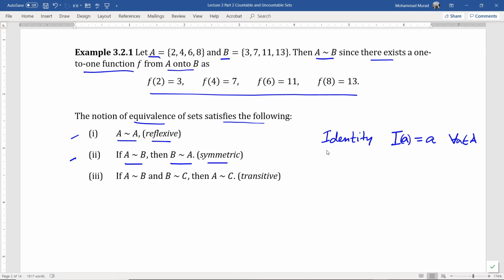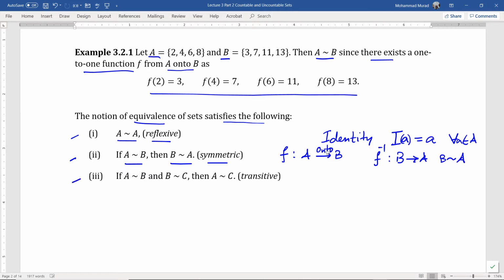If A is equivalent to B, then there exists a function f from A onto B. Then there exists an inverse function of f from B into A, which is one-to-one and onto. Therefore, B is also equivalent to A.